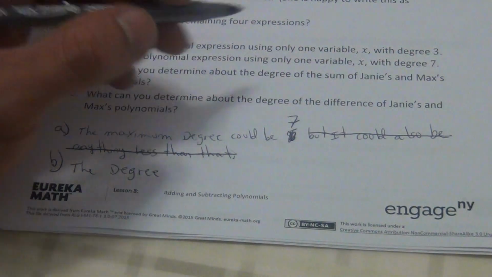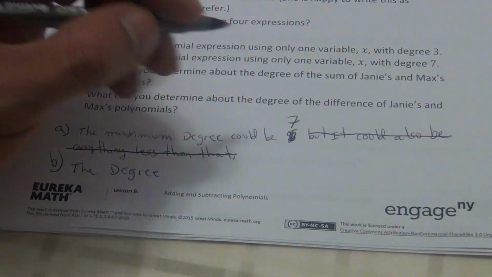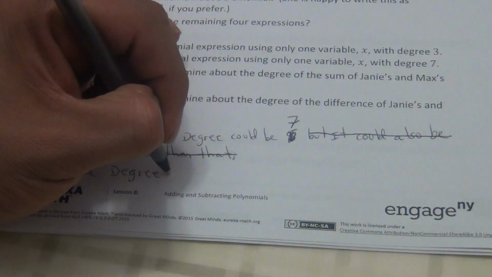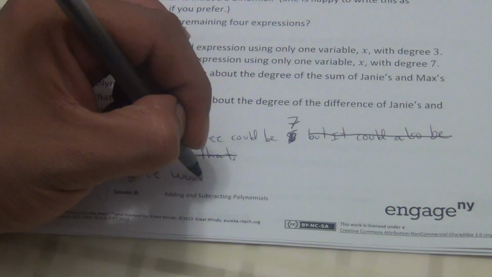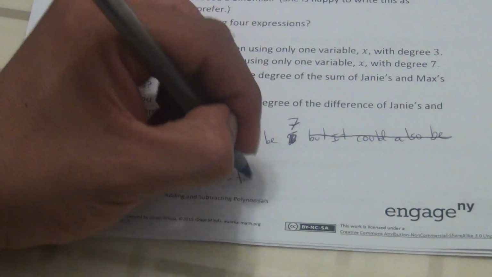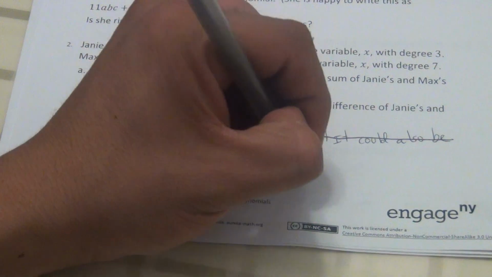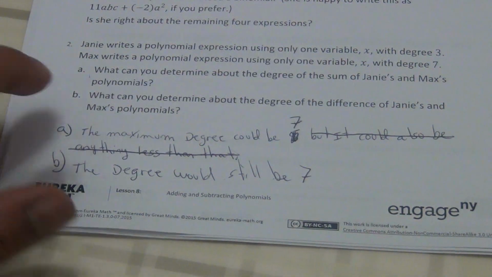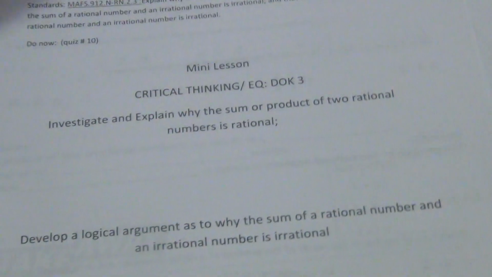Well, if you have x to the 7 minus something, you have to have x to the 7. So the degree would still be 7.